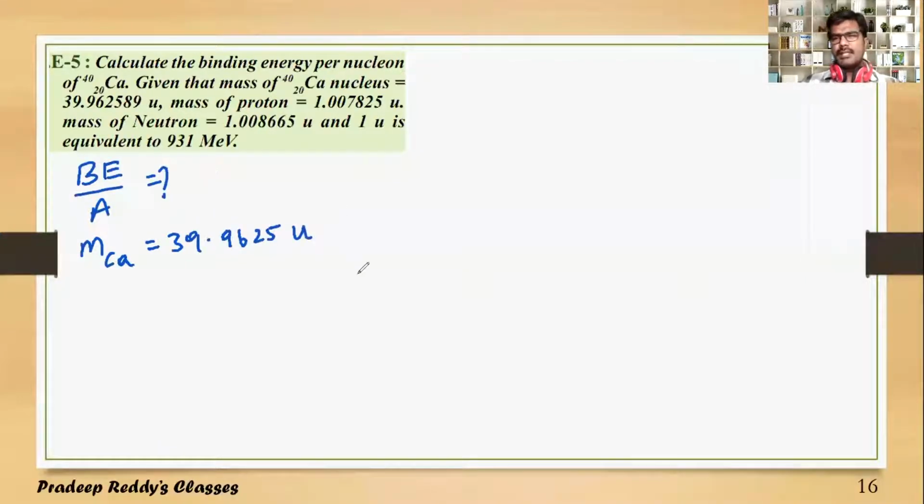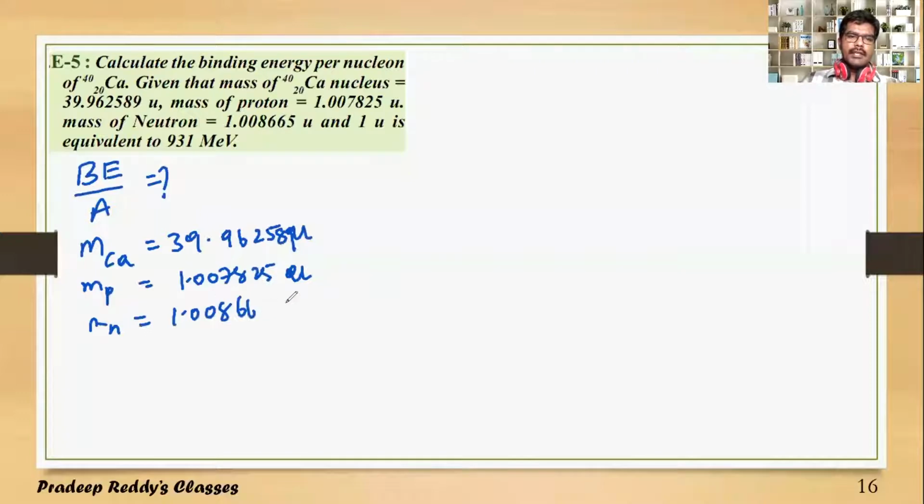Up to 4 decimals it is sufficient; if you want, you can even take 2 decimals also. And the mass of the proton is 1.007825 AMU, and the mass of the neutron is also given, 1.008665 AMU, and one atomic mass unit is 931.5 million electron volt.